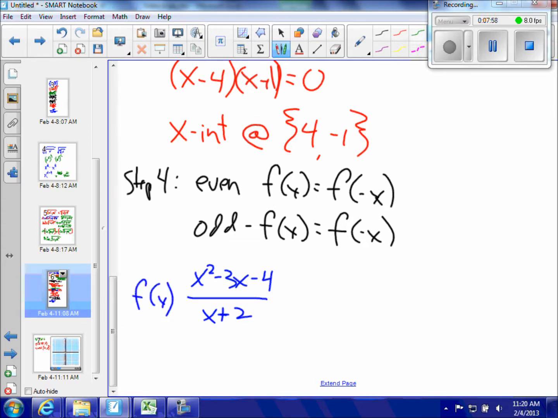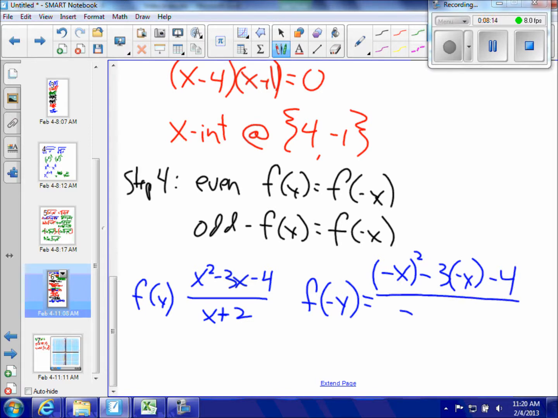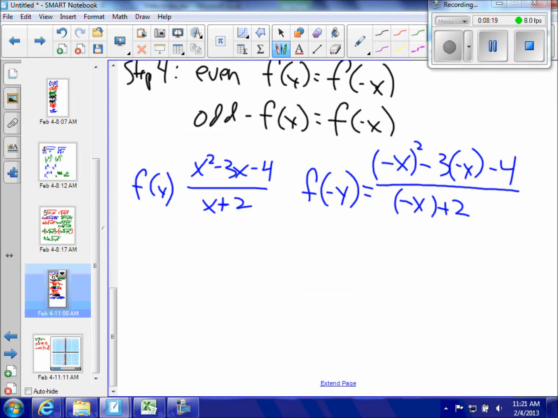So f of negative x is equal to negative x squared minus 3 times negative x minus 4, over negative x plus 2. Let's see if we can simplify that a little bit. F of negative x is equal to x squared plus 3x minus 4 over negative x plus 2.